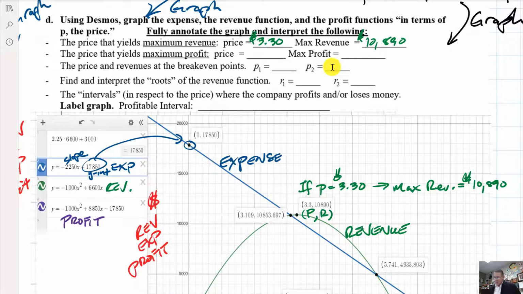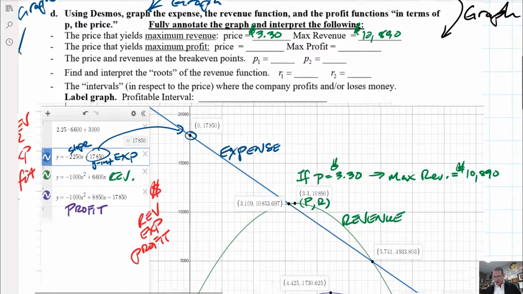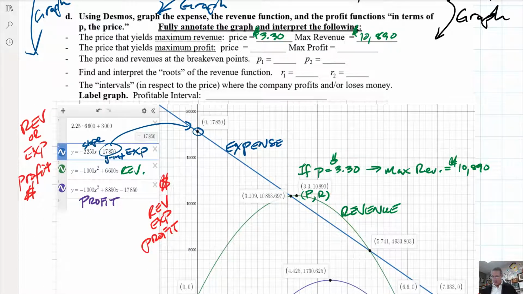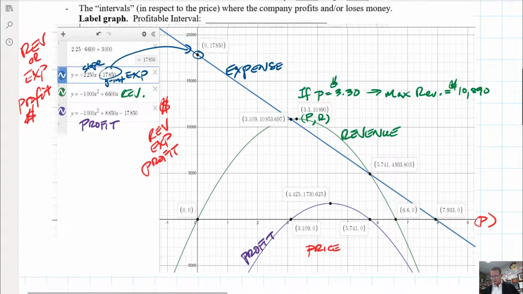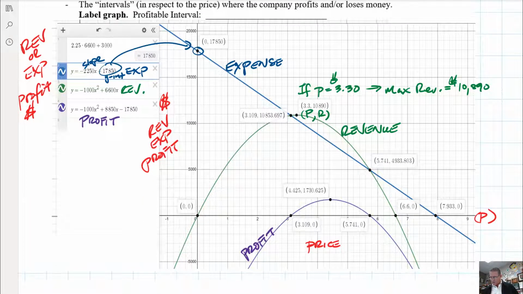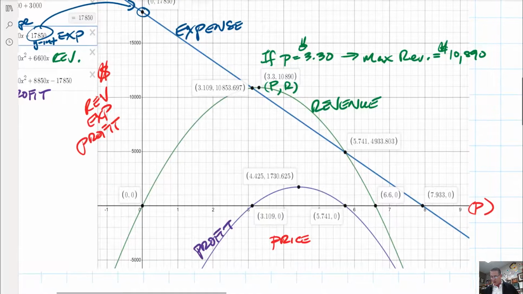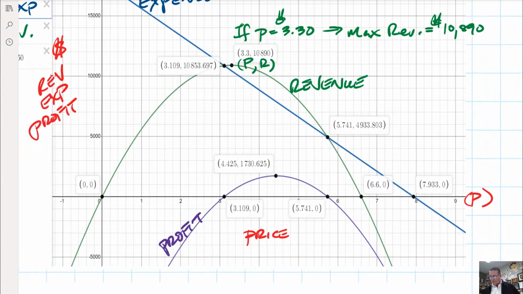Now, what is the price that yields maximum profit? We talked about how maximum profit occurs at the greatest distance between the revenue and the expense function.